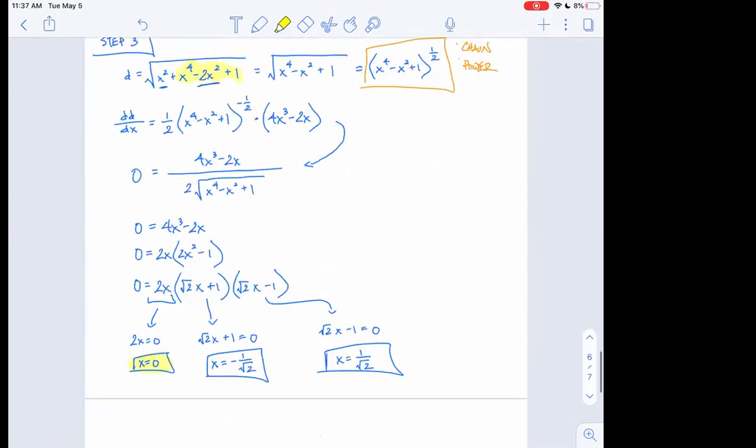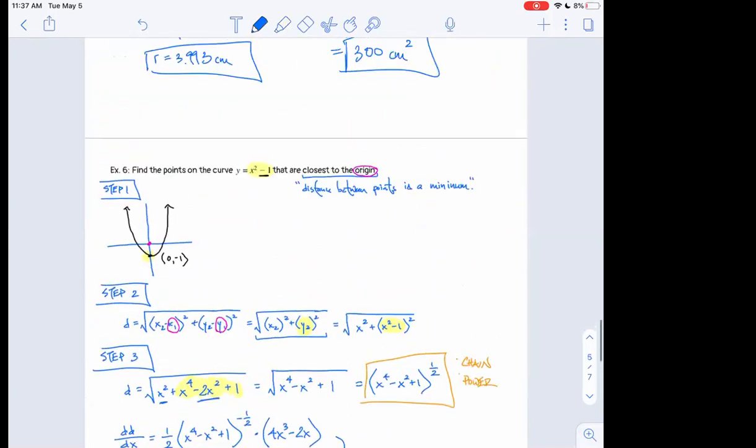Okay. So then these other 2 points, let's turn this into a decimal, and let's turn this into a decimal so that we can visualize it a little bit better. So 1 divided by root 2 is going to give me 0.707 or negative, and this will be a positive 0.707.